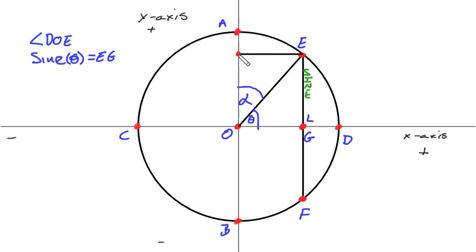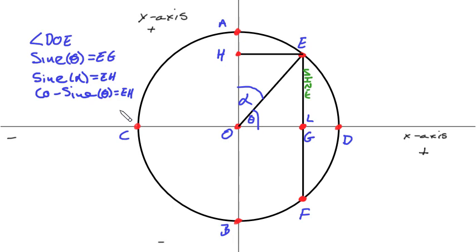And I'll just mark this point here. So if we call this point H, then EH will be the sine of alpha, but since alpha is the complement of theta, EH is the sine of the complement of theta, or the cosine, so the complement sine of theta.